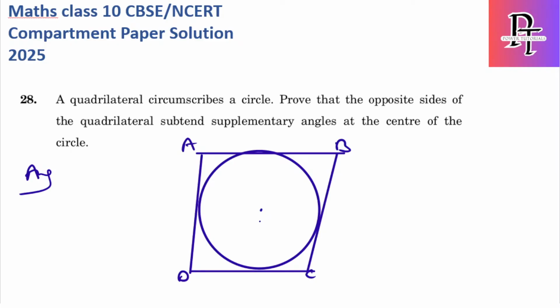Let's mark the center of the circle as O. Let's mark this point as P. This is small q, okay, keep it as capital only. P, Q, R, S, and draw lines to it.